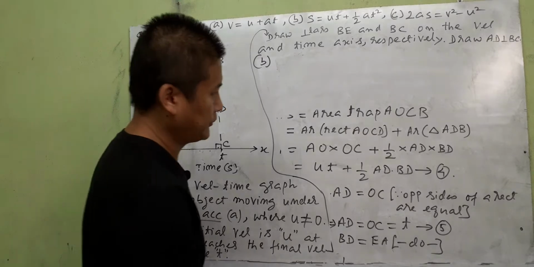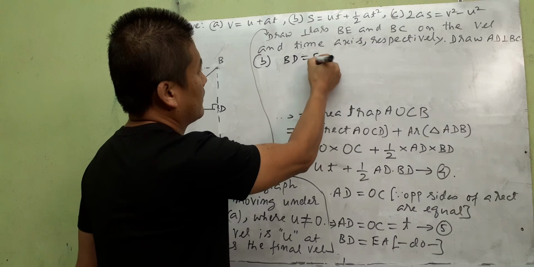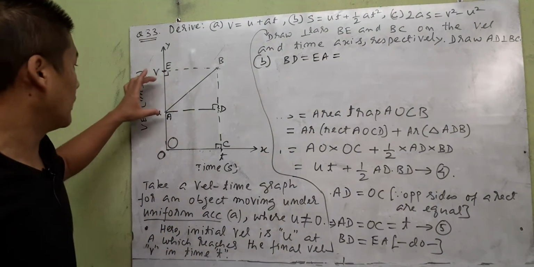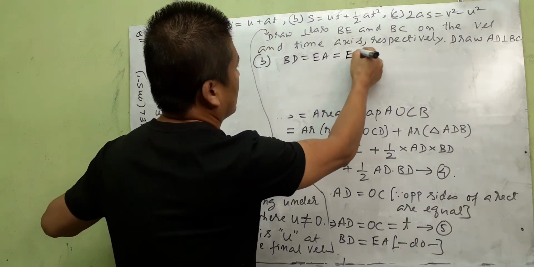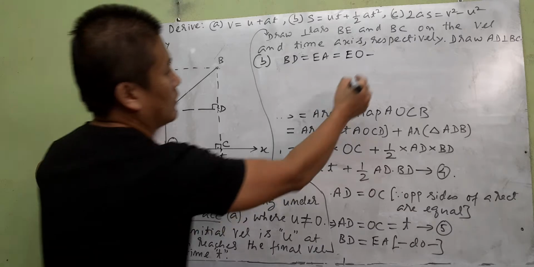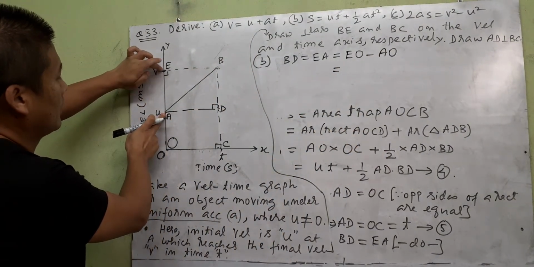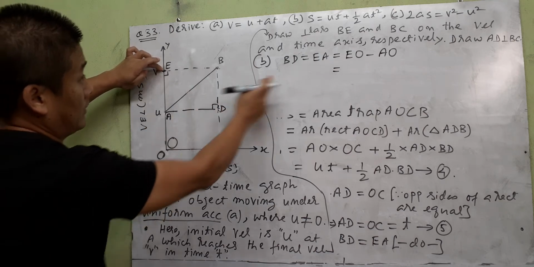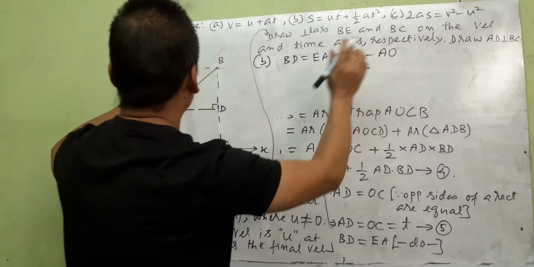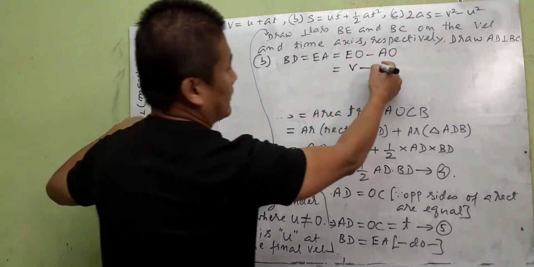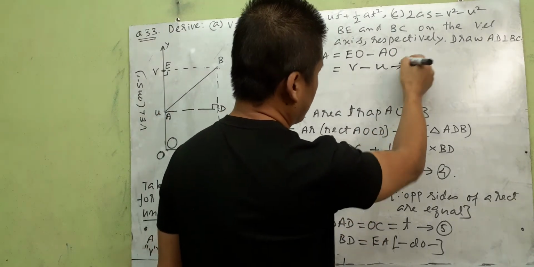So BD is equal to EA, and EA can be written as EO, the full line here, minus AO. EO minus AO will give you this EA. EO is the final velocity V, minus AO, the value U, the initial velocity. So this is equation number 6.